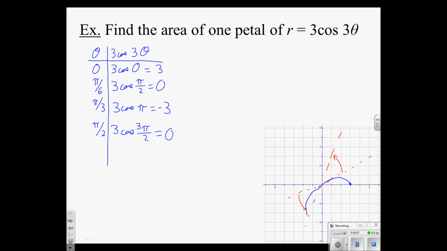So by the time my angle goes from pi over 3 to pi over 2, in other words, down here, because the radius is negative, by the time theta goes to pi over 2, my radius is going to come back to 0.